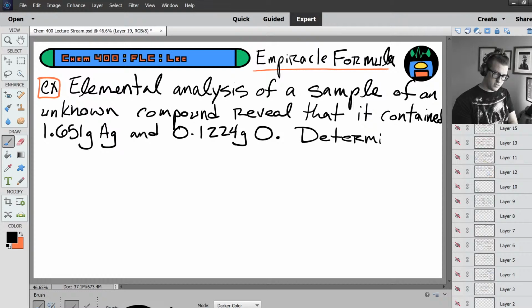Determine the empirical formula for this compound.